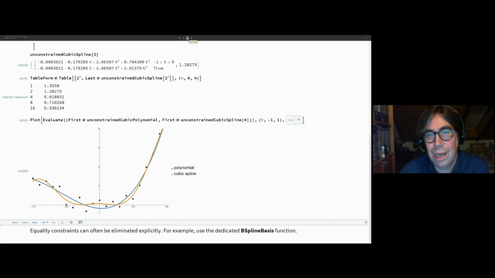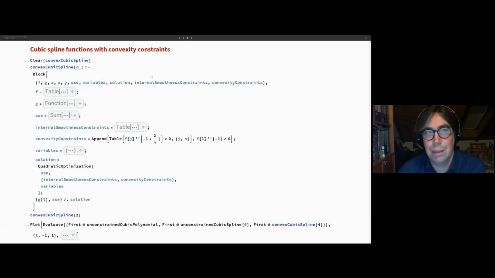I want to add the additional constraint that the solution is convex. So I set up everything as before, but I add convexity constraints. These are very easy because the second derivative is a piecewise linear function. And the convexity constraint is that the second derivative is always positive, but for this, it's necessary and sufficient that it is positive on the interval boundaries, on the breakpoints.